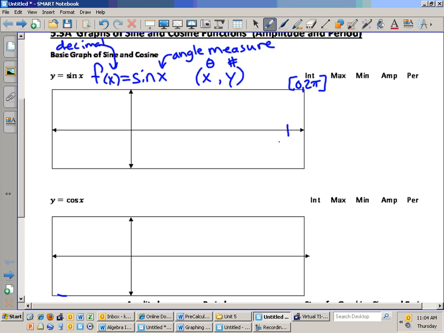So if I mark right here 2 pi, and I divide it up into 4 pieces. We'll talk about that later. Look at the intervals I divided it up into: 0 to pi over 2, pi over 2 to pi, pi to 3 pi over 2, and 3 pi over 2 to 2 pi.